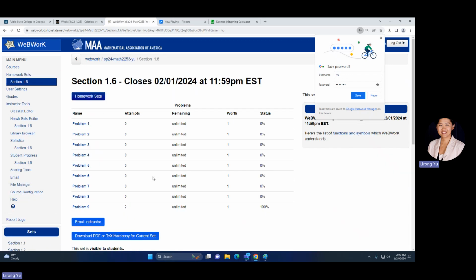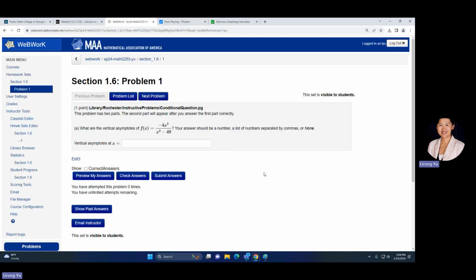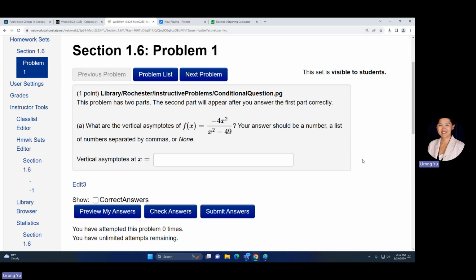I'm hoping that right after we talk about this section, you can start working on the assignment as soon as possible so you can see some of the questions are similar to what we're doing in class. If some of them are different, then we should catch them as soon as possible, because the longer we wait, the harder it is to understand it or relate it to the current material.